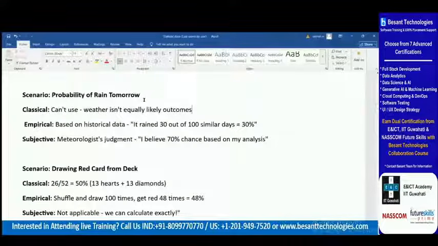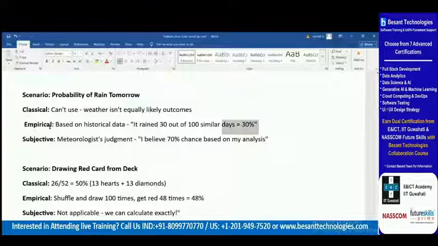In empirical, we are going to take history of data. Like last year, the same time, whether the event happened or not, we can take that and come to a conclusion whether it is going to rain or not. So it rained 30 out of 100 similar days, which is 30 percent.